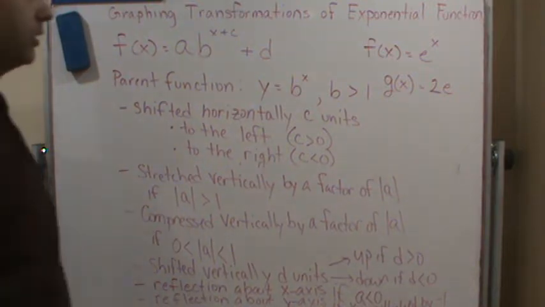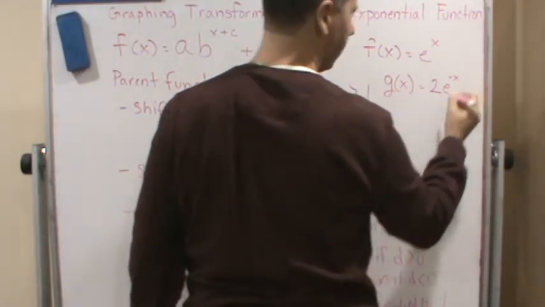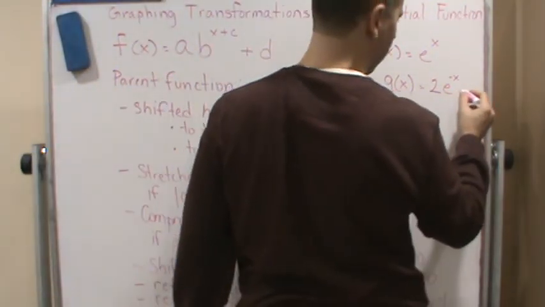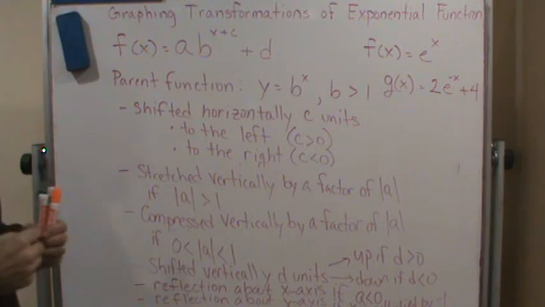Well, that means we're multiplying x by -1. So we're going to have a negative x up here, right? And then it says it's shifted up 4 units. So that means we're going to have a +4 out here. And that is g of x. That's the transformed function.